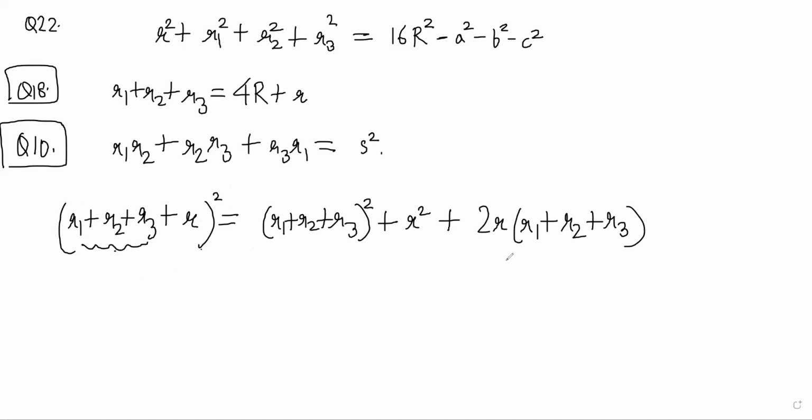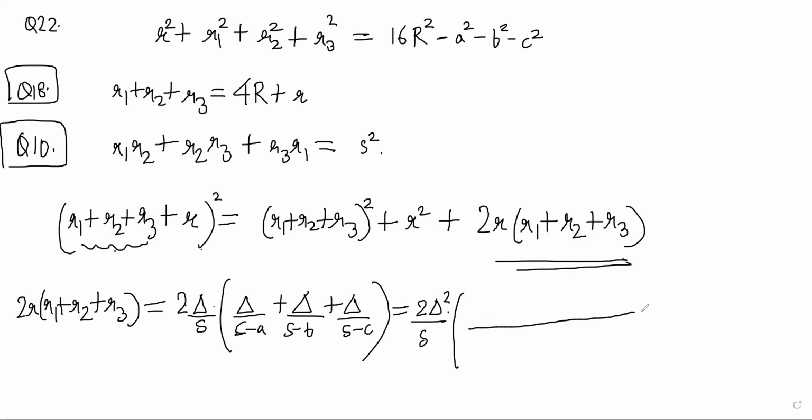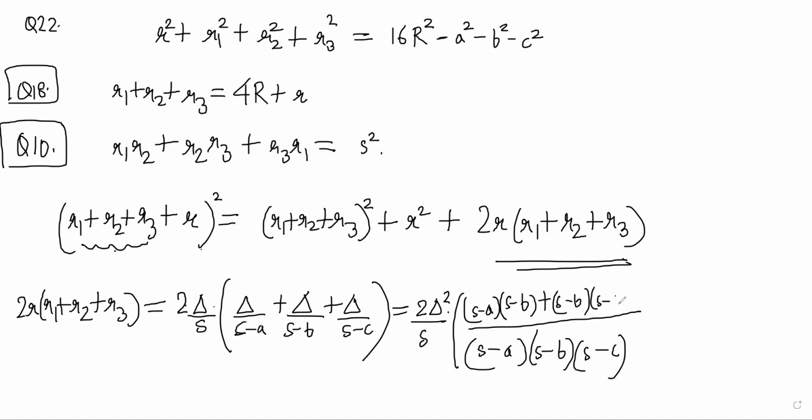And let's think about what this is. 2r into r1 plus r2 plus r3 will be equal to 2 times del by s, and this is del by s minus a plus del by s minus b plus del by s minus c, right? So 2 del square by s, and you have 1 by s minus a, s minus b, s minus c here. And on top you have s minus a, s minus b plus s minus b, s minus c plus s minus c, s minus a.